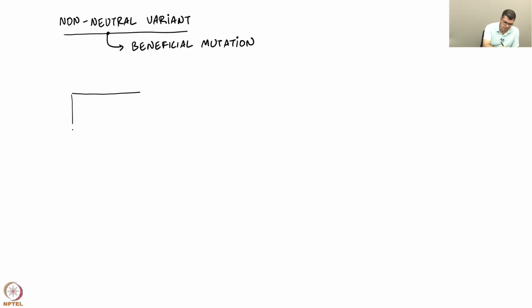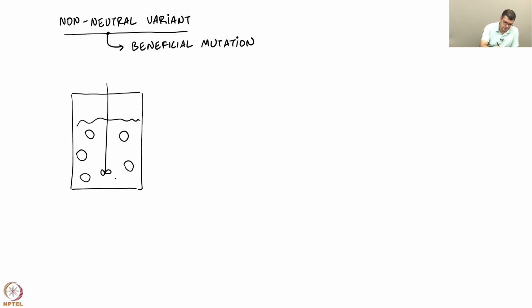So, in the context of the chemostat picture that we have been making, in this scenario we have these individuals which are R A and n minus i, and we have this one individual which is R B, but this time there are i such individuals. i could be equal to 1 when the mutation first happened, but this time we make it explicit that R A is not equal to R B.